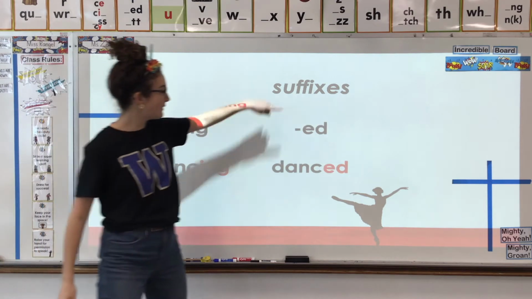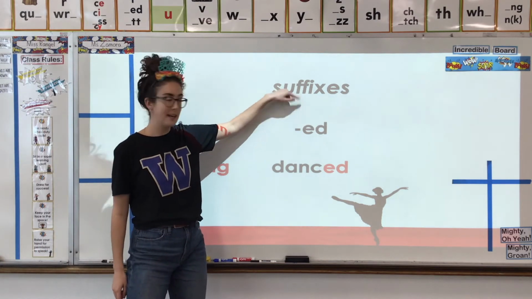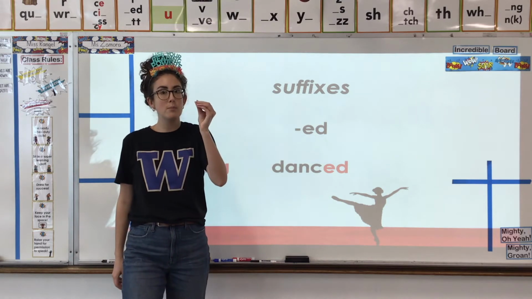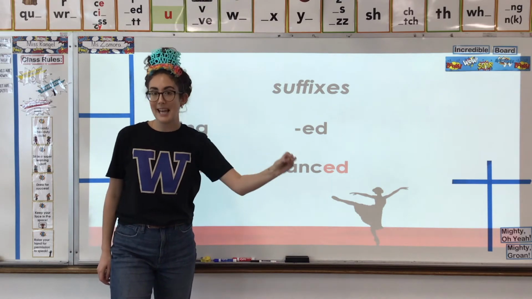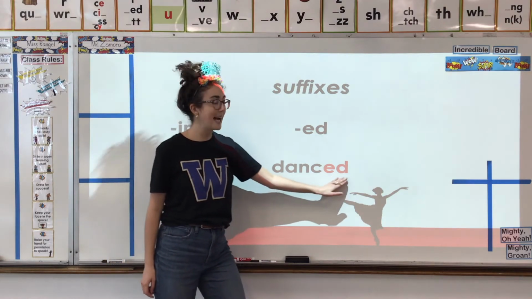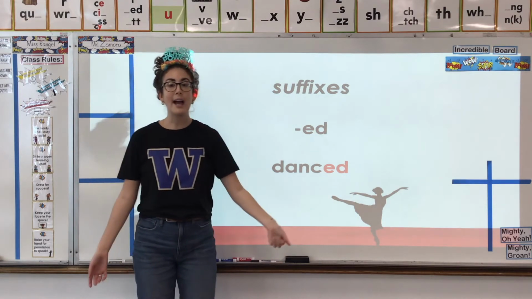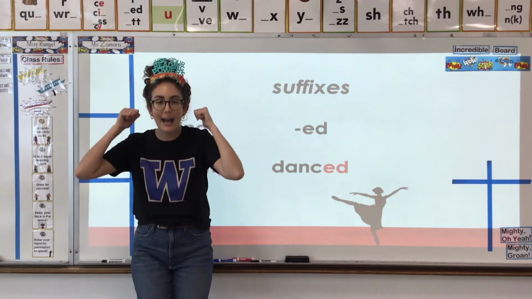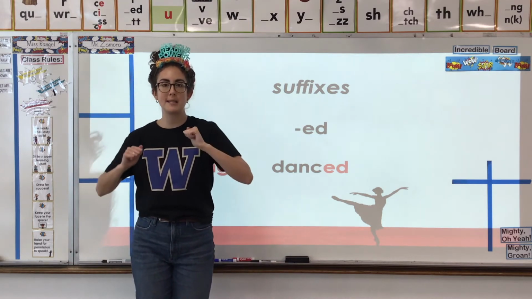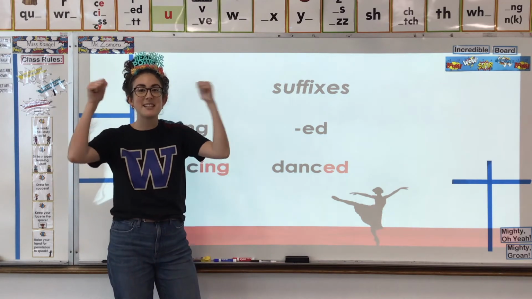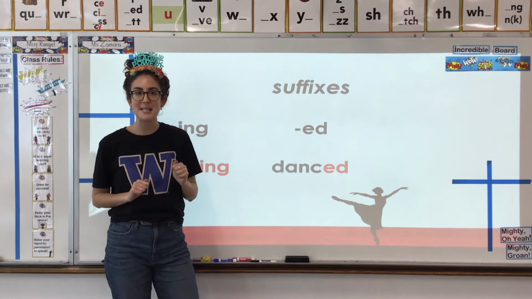And what else we've learned, of course? Ed. This ed is a suffix. It carries its own meaning, and then when we attached it to the end of dance, the word becomes danced. And now the action is happening in the past. It already took place. So this ed suffix changes the verb to the past tense.